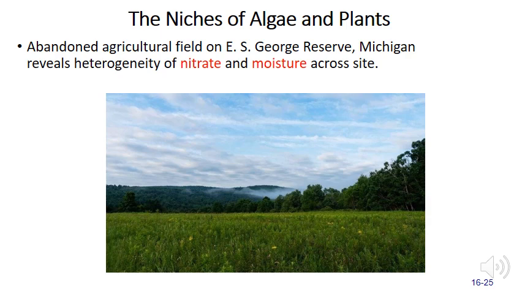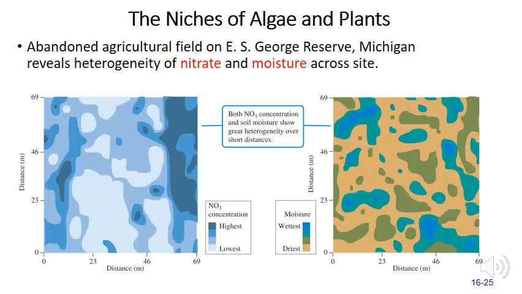But here we've got an example of a similar thing on terrestrial ground. This is an abandoned agricultural field in Michigan, and researchers at Michigan State University measured nitrate levels and moisture levels across the field in a grid of sample sites. What they found was a really uneven and seemingly random distribution of nitrate availability and moisture.